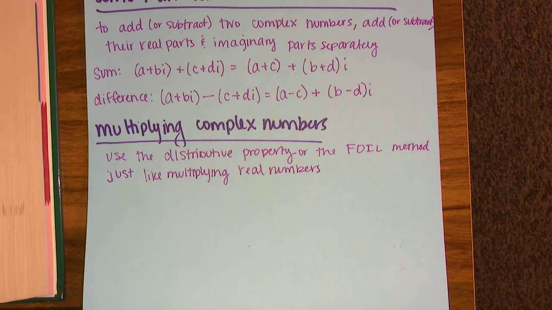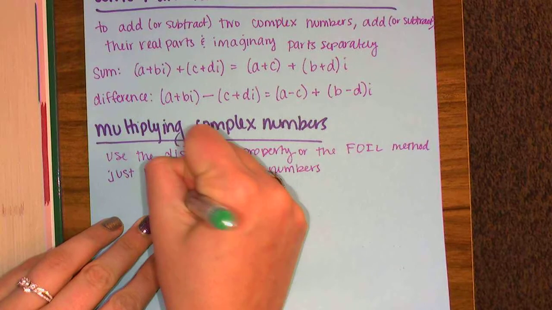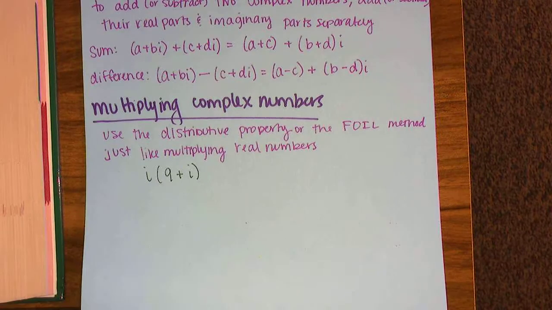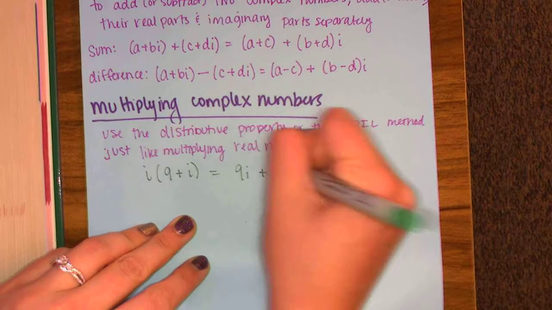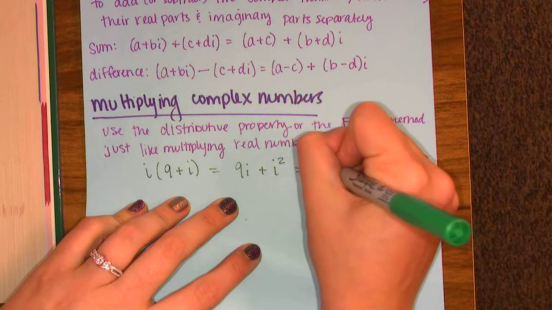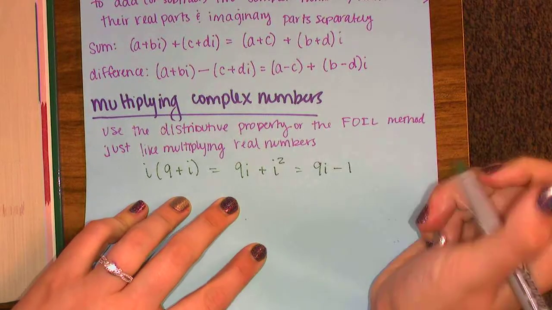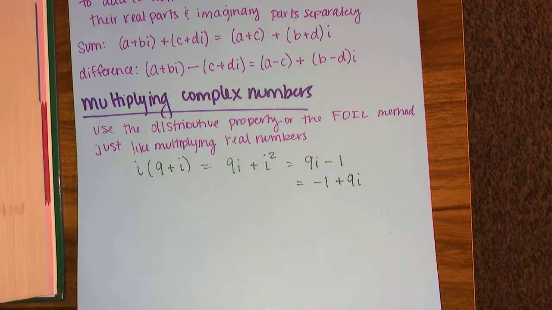So if I have something like I times 9 plus I, I'm going to have this be 9I plus I squared. And we know that I squared is -1, so this is going to be 9I minus 1, but I need to get it in standard form, so this would be -1 plus 9I. So it follows the same method, just so you can see that, since I didn't actually write one out in letters.